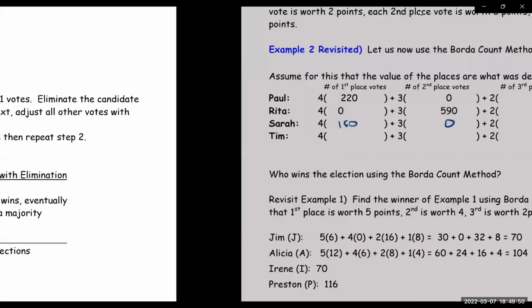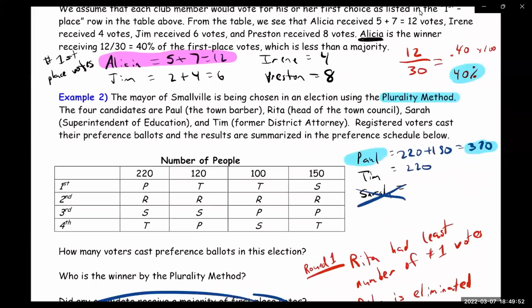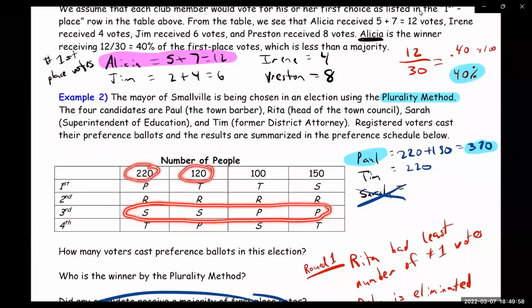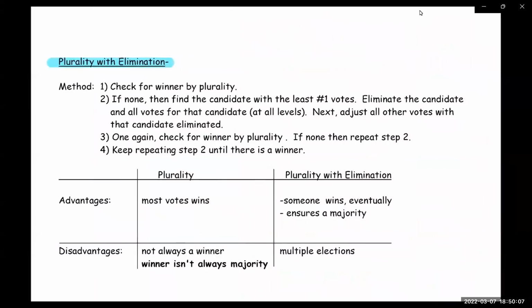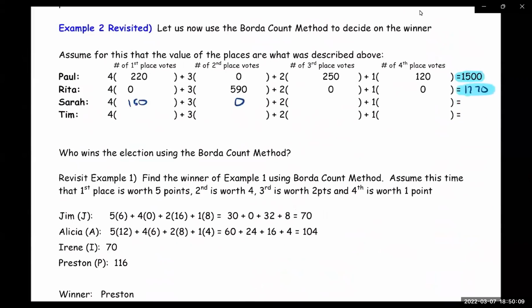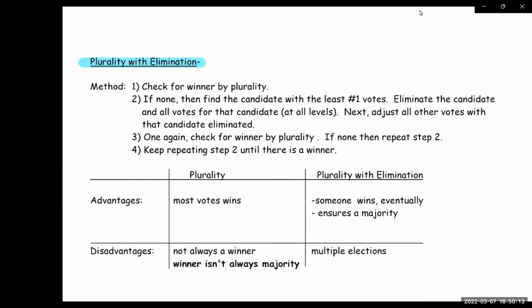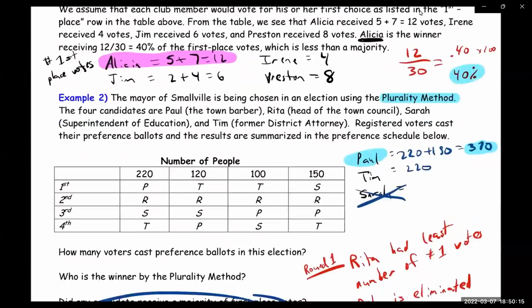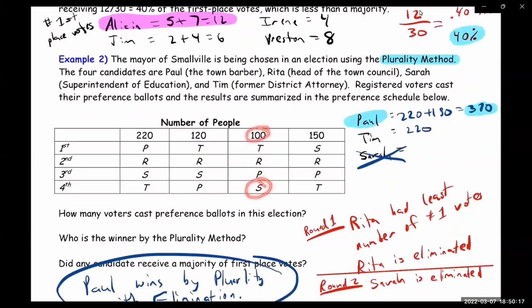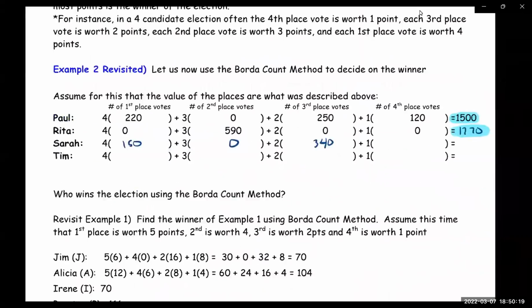Third place votes, 340. That looks like 340, yeah, 220 plus 120 is 340. So that would be third place votes. And then last, or fourth place votes, she got 100. Yeah, 100.